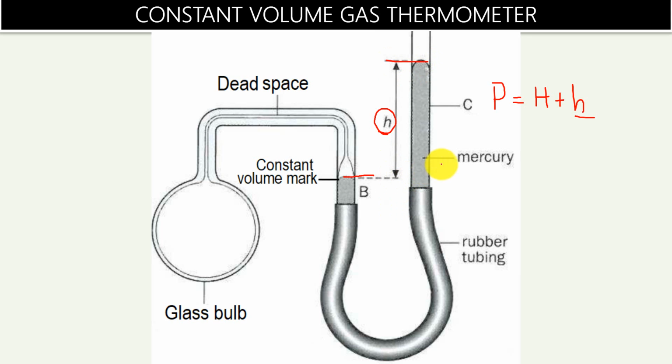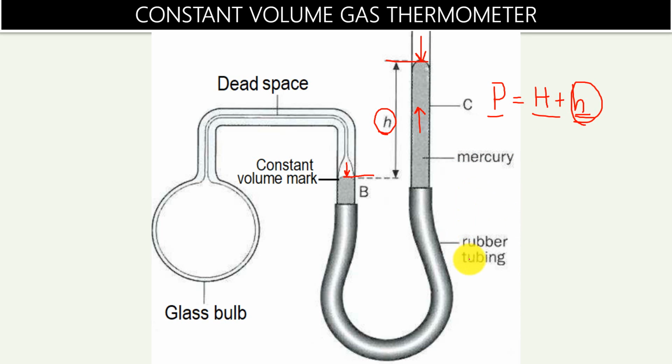So the height difference is what you're calling the h. Now, because the gas has pushed the atmospheric pressure upwards, it means that it is greater. So we're going to have pressure equals to H plus small h, like that.